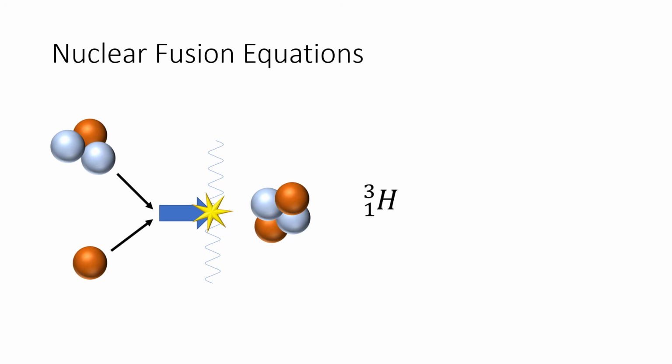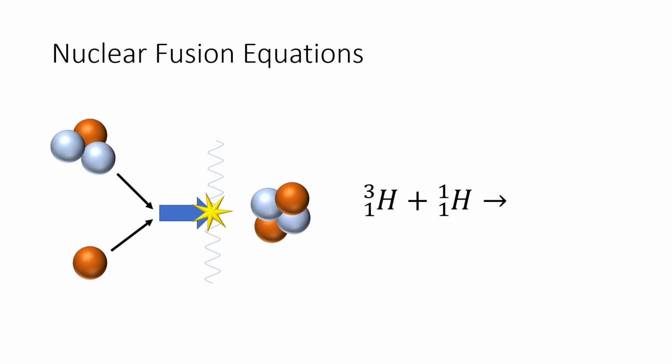So here we have it. First of all, we have tritium at the top left. So tritium is hydrogen with 2 neutrons and 1 proton, making its atomic mass 3 and its atomic number 1. Then we have hydrogen on its own with an atomic mass of 1 and an atomic number of 1.